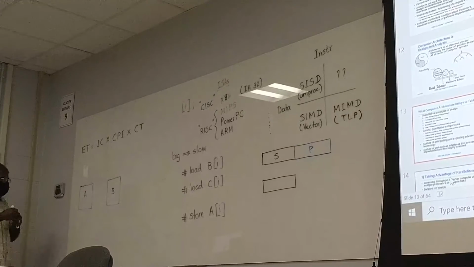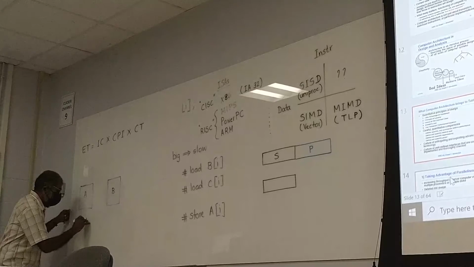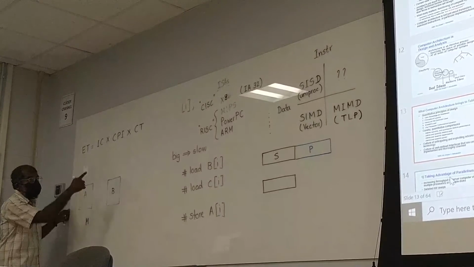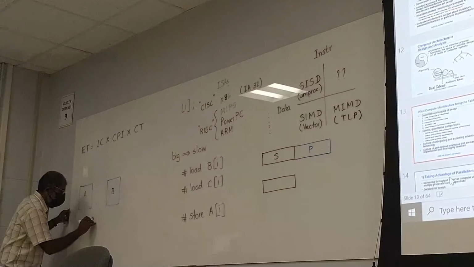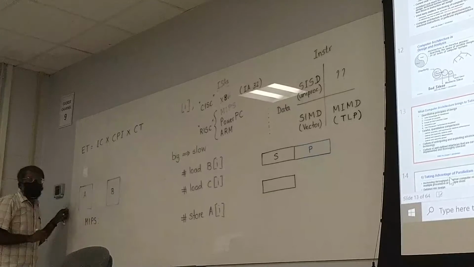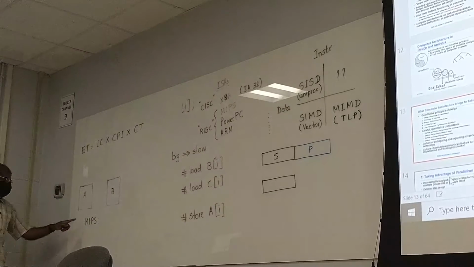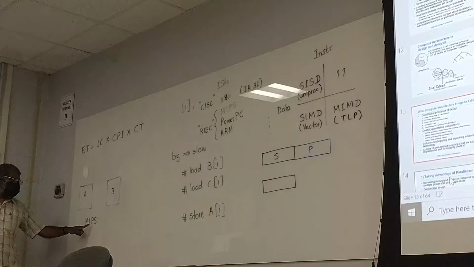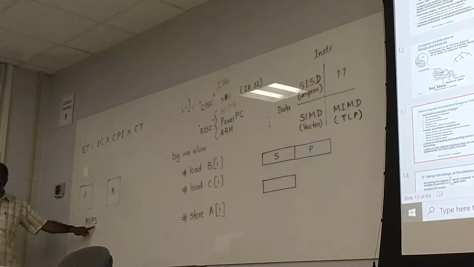One of them is MIPS, a different MIPS than that other one. MIPS stands for million instructions per second.